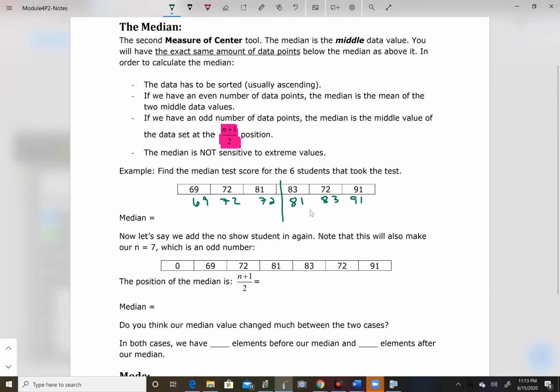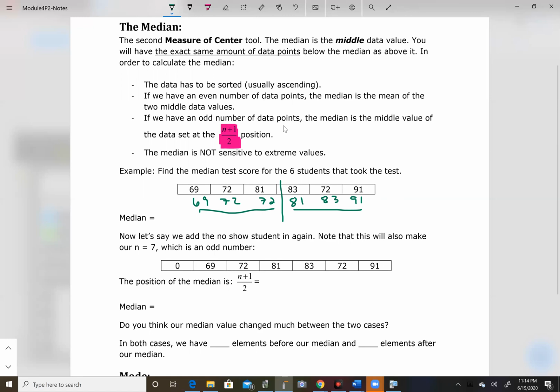If we count halfway through, we end up right here. We have 3 data points on the right-hand side and 3 data points on the left-hand side, so there is no number in the middle. In that case, what I highlighted in pink is what we do. It just means you find the average. You take these two numbers, add them up, and divide by 2.